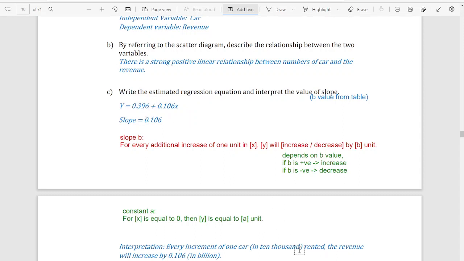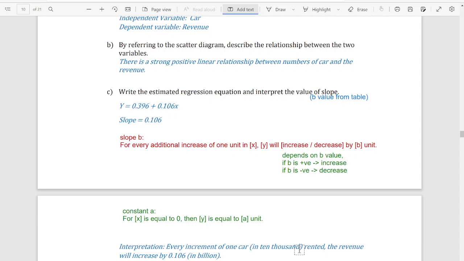So in this situation, the value of A can be meaningful or not meaningful depending on the situation. Nilai A ni boleh bermakna ataupun tidak mempunyai makna bergantung pada situasi. Kebiasaannya kalau dalam data yang kita gunakan mempunyai nilai kosong, maka ianya adalah bermakna.